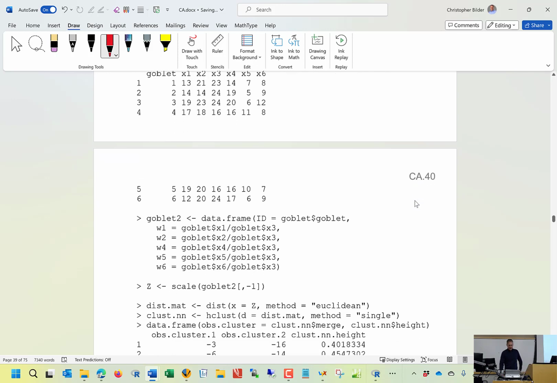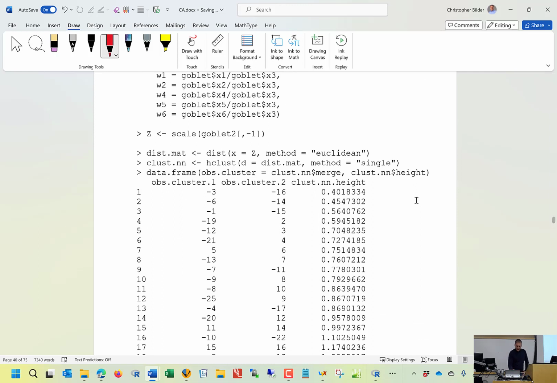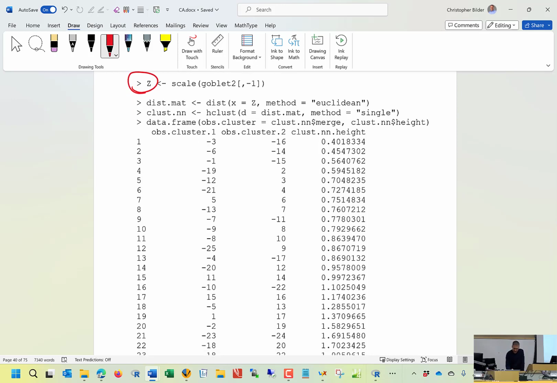So I read in my data. I adjust for the overall height of the goblets, as we've done before. I then find my standardized values, as we've done before, and put them into an object called Z for lack of a better name. Next, I use the dist function to find all pairwise distances between observations, where I say method equals Euclidean.